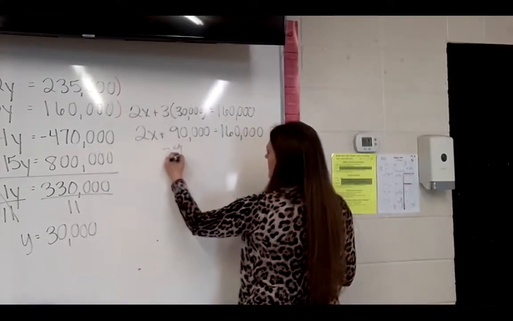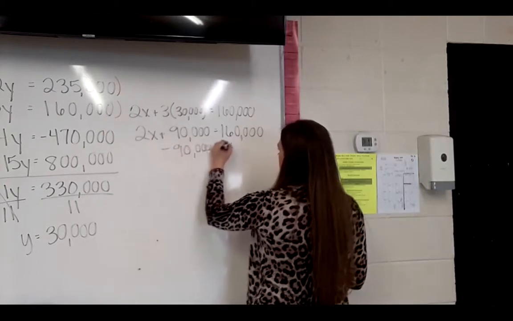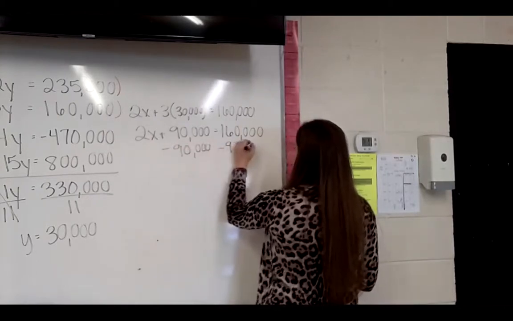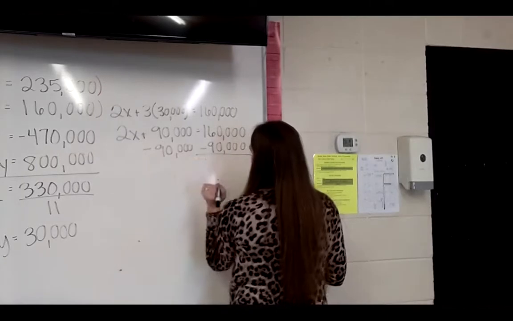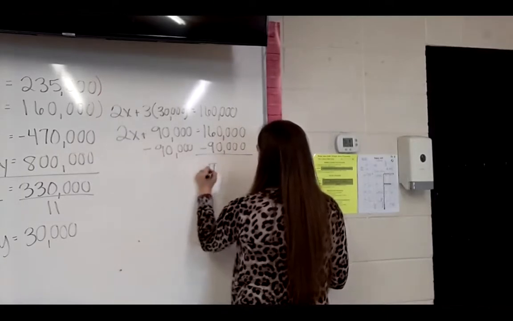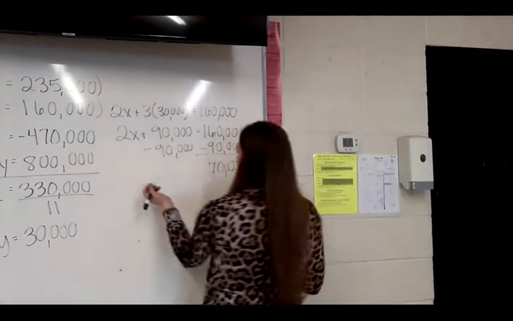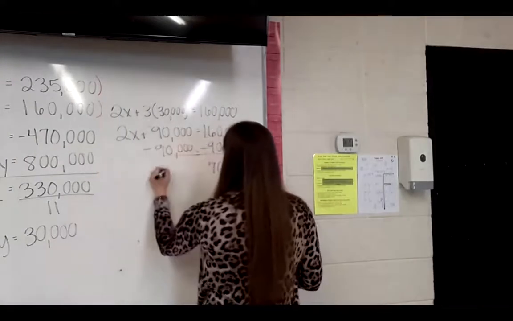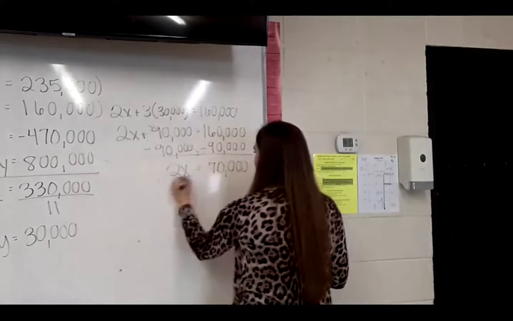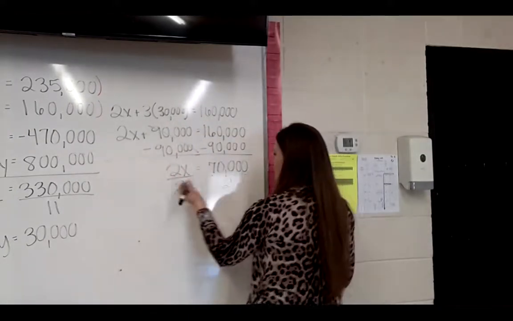Next, we would subtract. 16 minus 9 is 7, so 70,000. And then last step is to divide by 2.